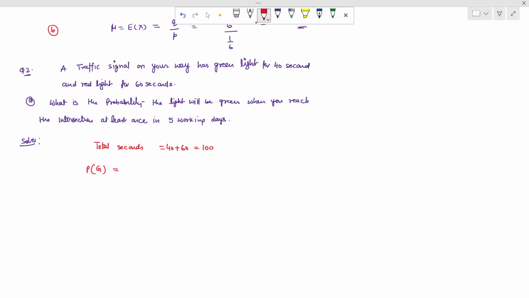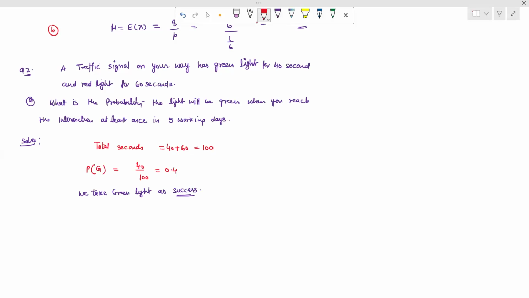So the probability of green light is 40 upon 100, which we can write as 0.4. We take green light as success, because we want to cross the signal on green light.